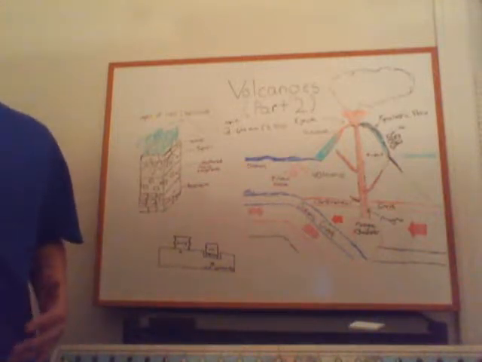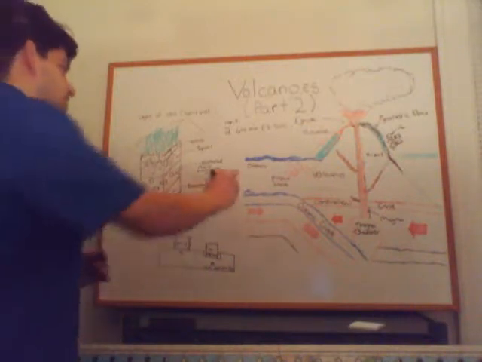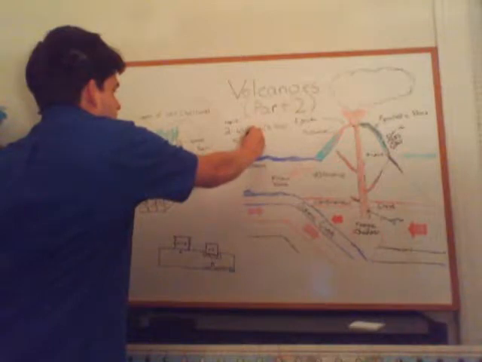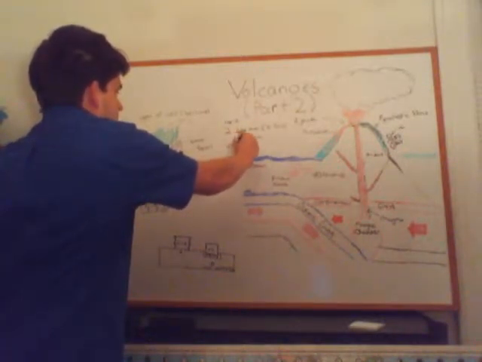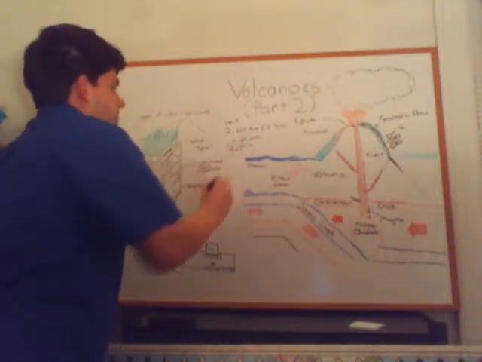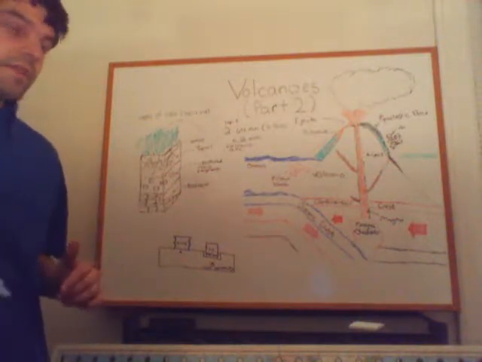Now volcanic ash is defined as pyroclastic particles that are less than 2 millimeters. So less than 2 millimeters. This is volcanic ash. Now 2 millimeters is about 0.08 of an inch.